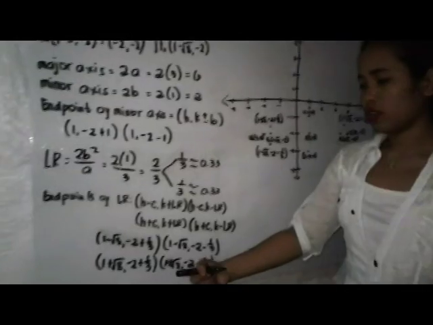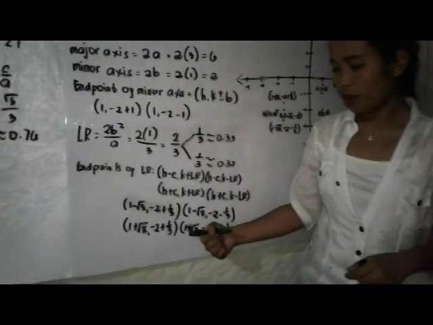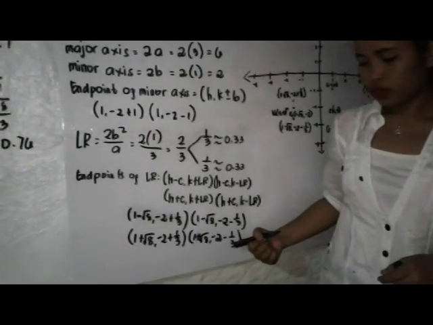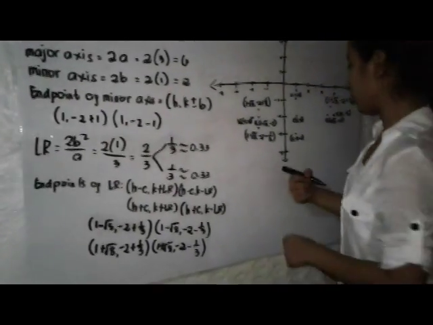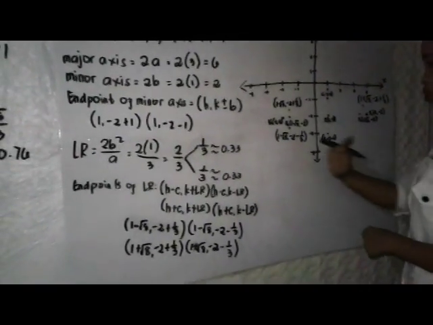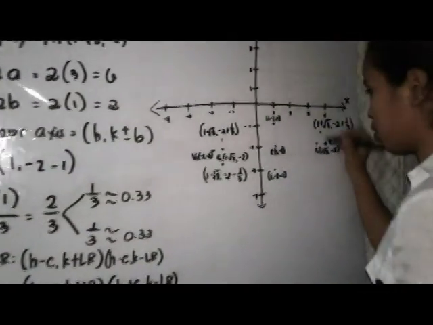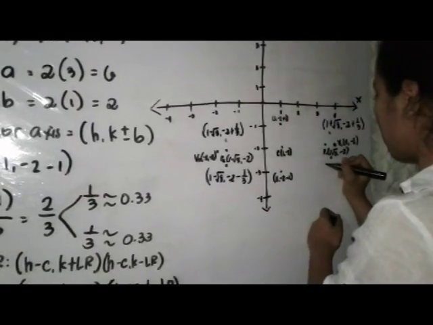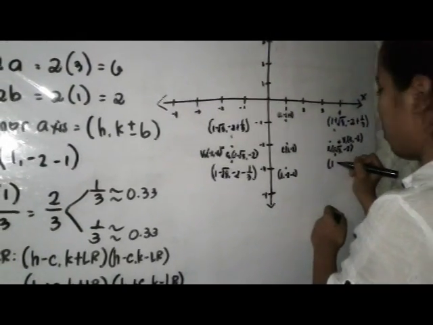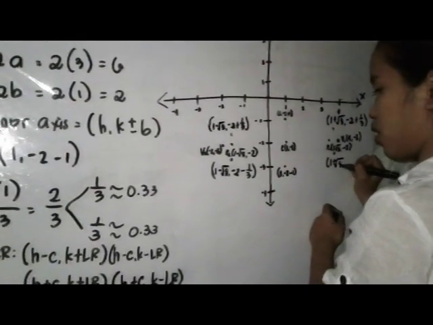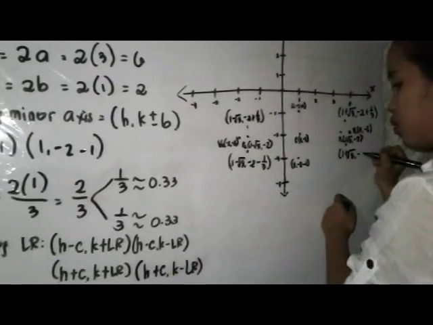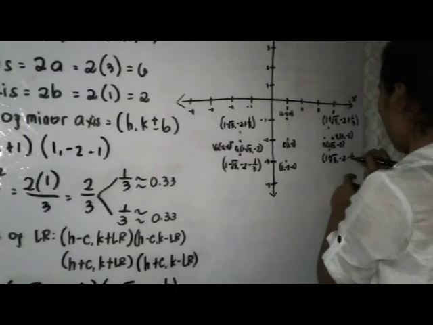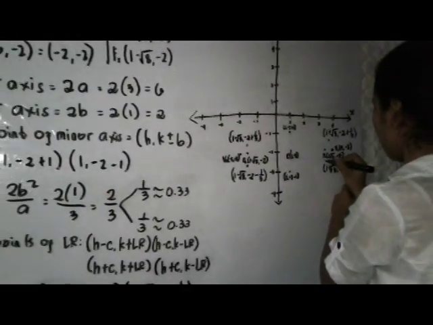And the last one is the 1 positive square root of 8 and negative 2 negative 1 over 3. So it is our 1 positive square root of 8 and negative 2 and negative 1 over 3.